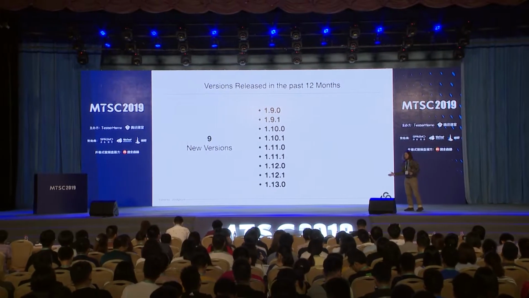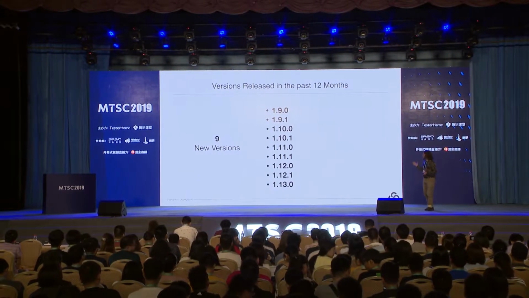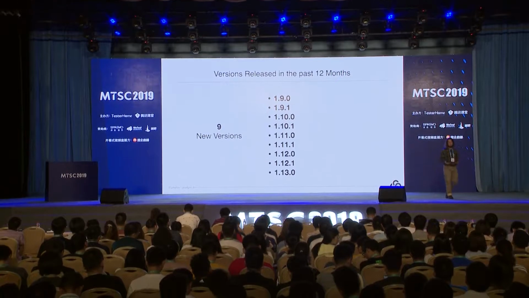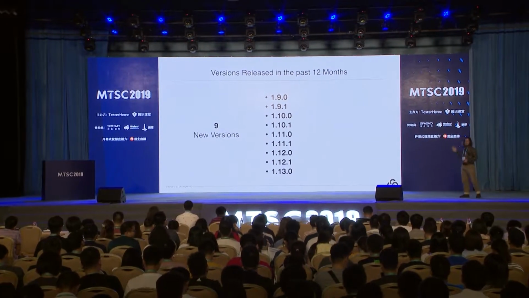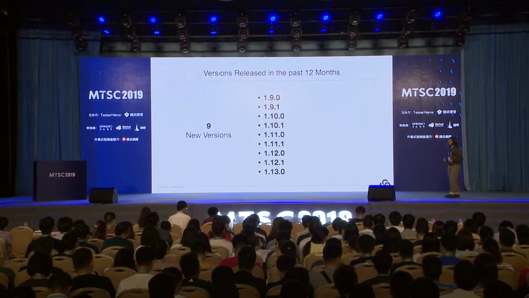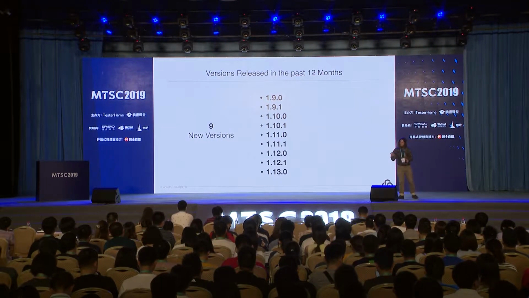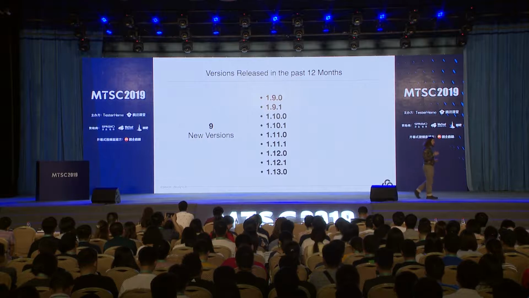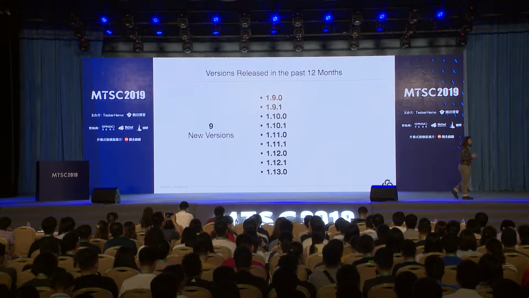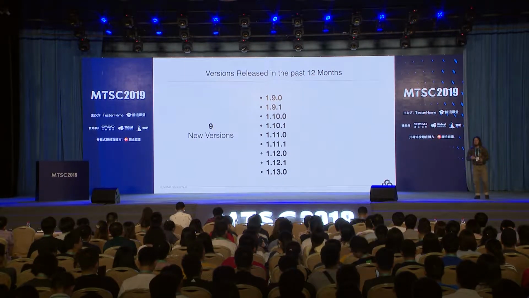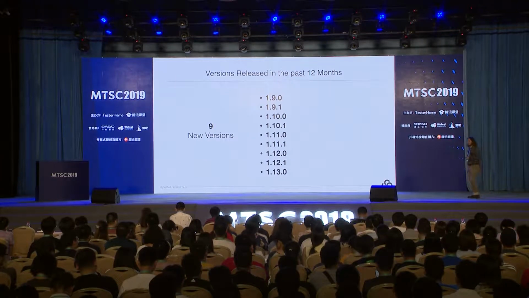As a review, in the last year, there have been 9 new versions. They're all still in version 1, but we're getting up there. Probably sometime this year, hopefully in the next 3 to 6 months, we should release Appium 2.0, and I'll talk about that at the end of the talk.